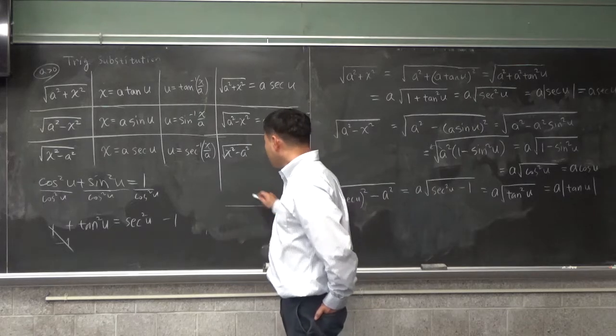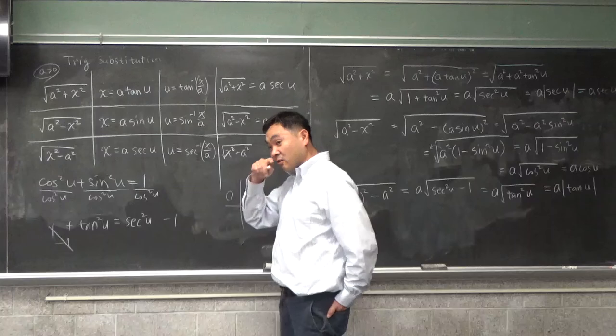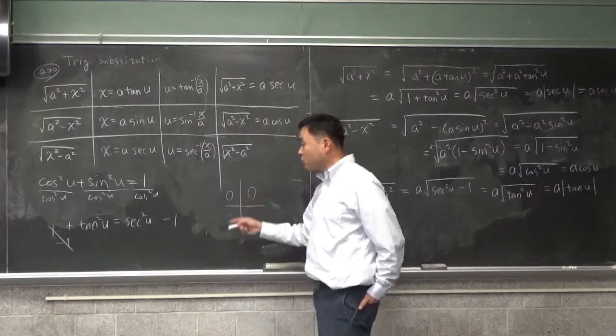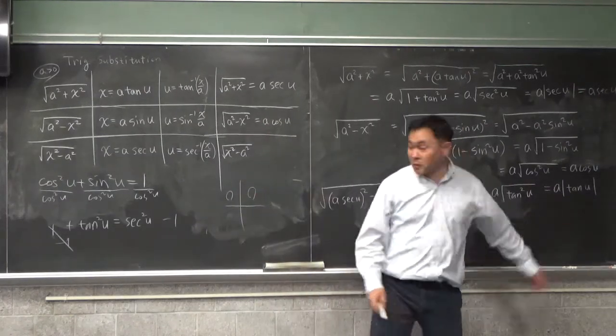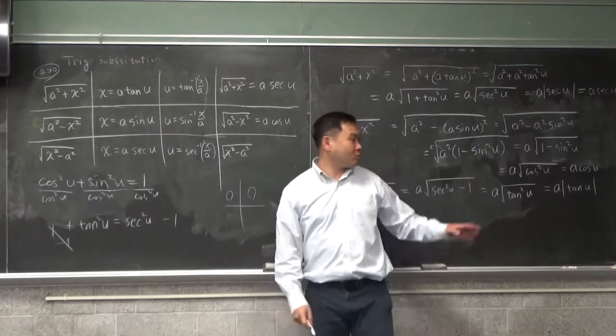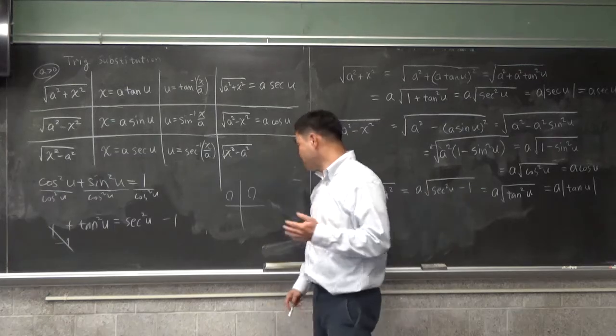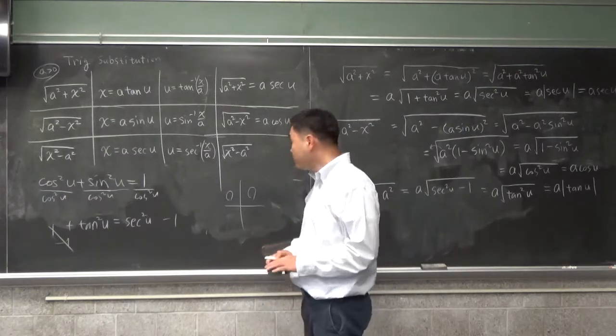And that's like the first and the second quadrant. In the first and the second quadrant, tangent is positive here, but tangent is negative here. So if you're in the wrong quadrant, that will turn out to be a negative a tangent u.